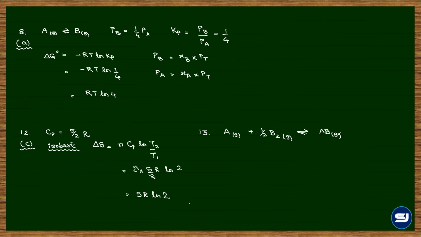If you look at the options, delta G is plus infinity, delta G is 0, delta G is minus infinity, and delta G cannot be determined.